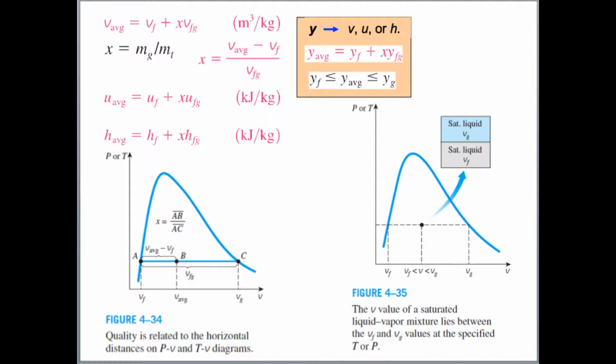So what value do we use when we're doing an analysis? Well, we can use an average value when we're performing an analysis in this region. And how we're going to calculate it is we're going to use this equation here.